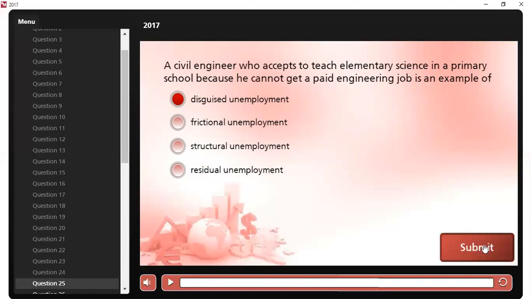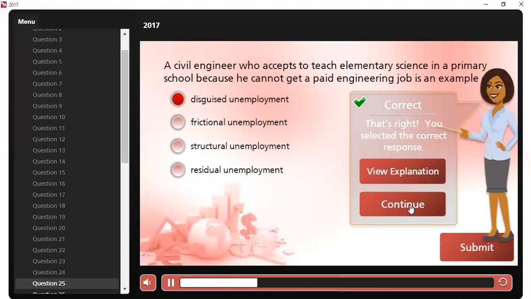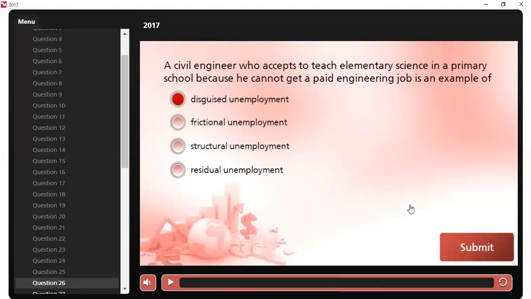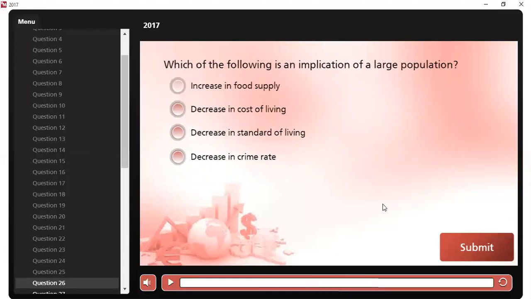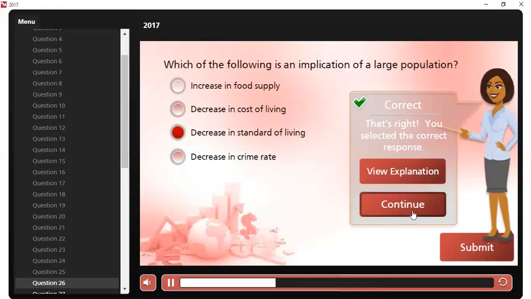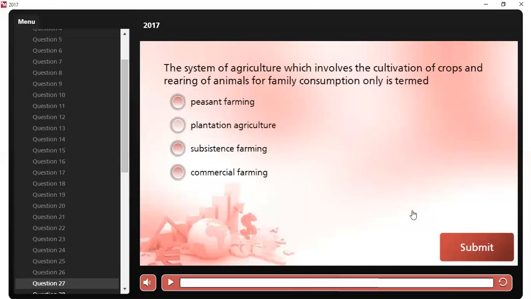So, question 26. Which of the following is an implication of a large population? Well, it has to be decrease in standard of living, which is option C. Yes, it has to be that. Let's go over to the next question. Question 27.